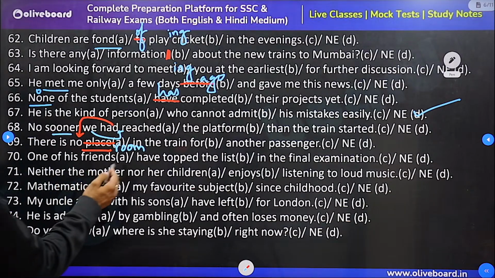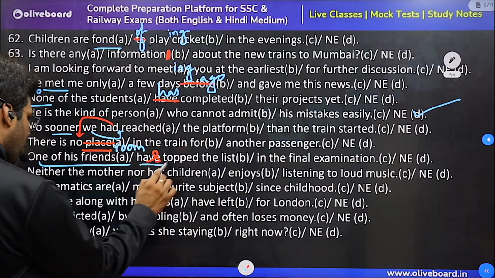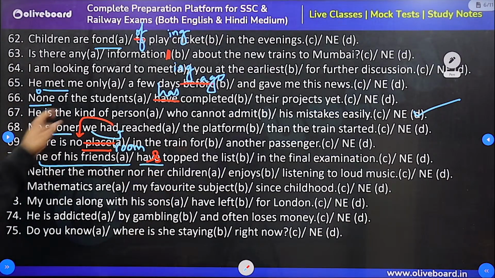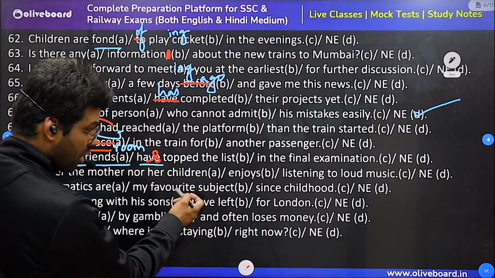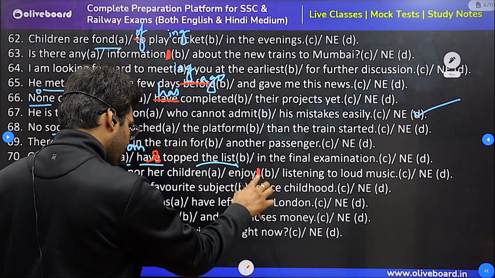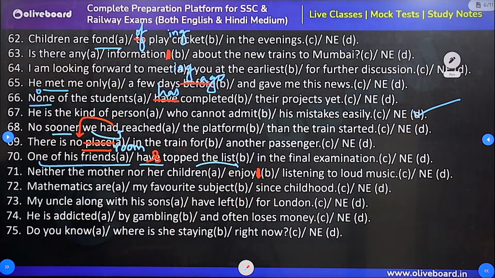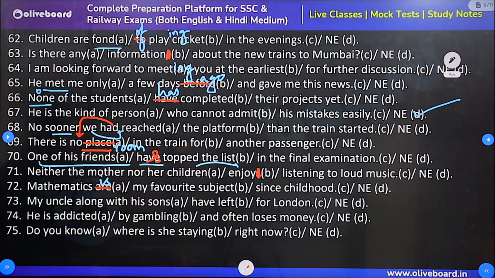One of his friends have, no, that one has topped, not all. One of the friends has. Neither the mother nor her children, neither nor take verb as per the second term. Children enjoy, plural term, no S. Mathematics, favorite subject, just one, is my favorite subject.